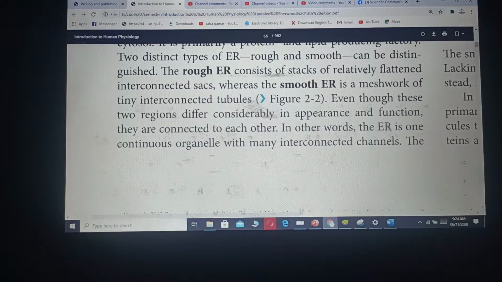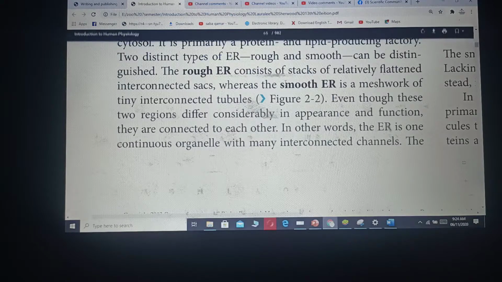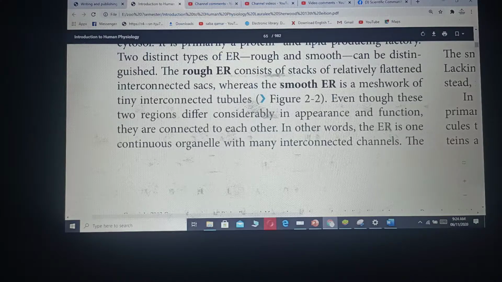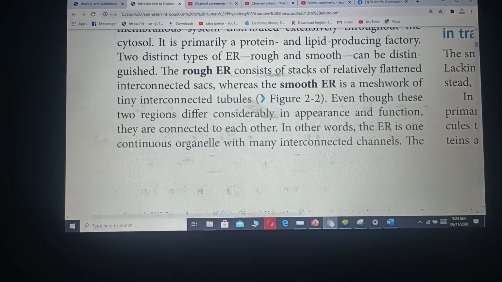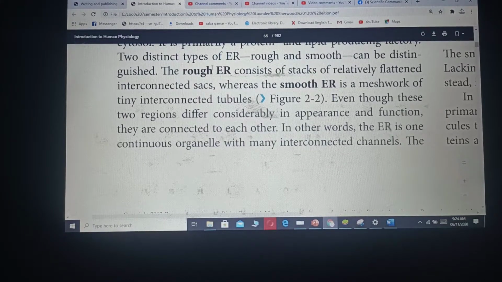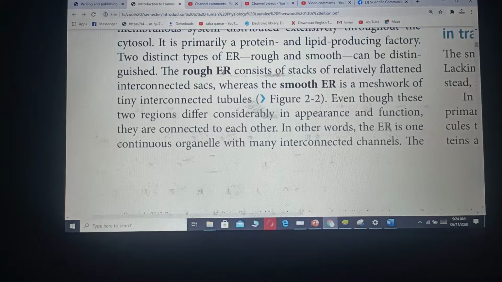Actually, rough endoplasmic reticulum and smooth endoplasmic reticulum have some points where they interconnect with each other, and the number of rough endoplasmic reticulum and smooth endoplasmic reticulum in a specific cell may vary, and the reason is that it depends upon the functional ability of the cell, what is the specific function performed by a specific cell.